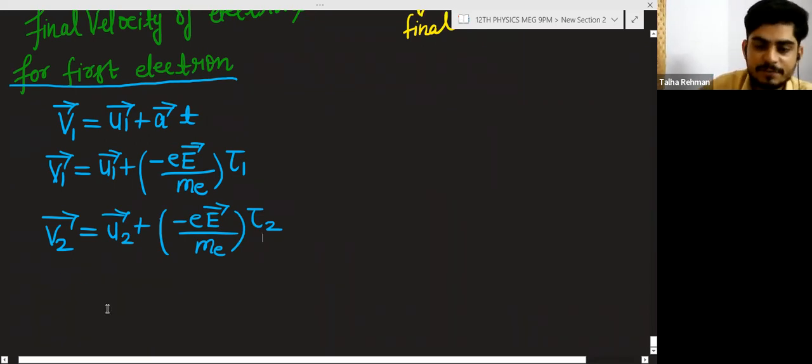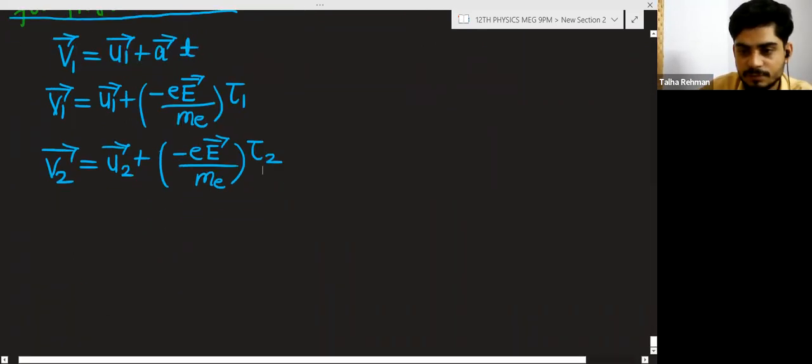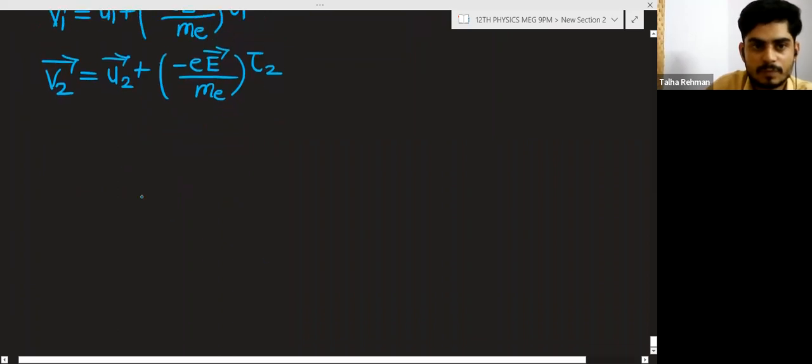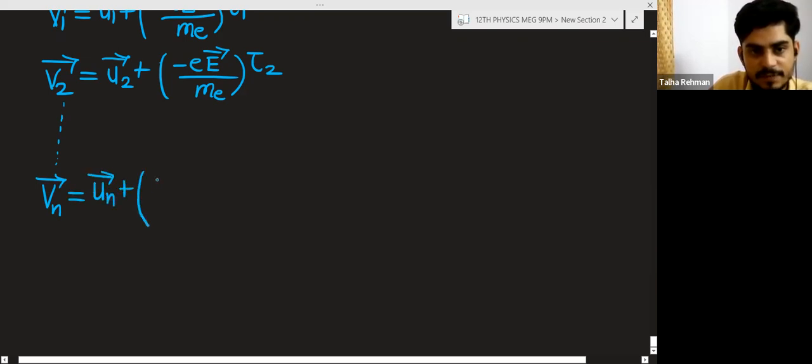Accordingly, you can write for the nth electron, as I have supposed there are n number of electrons: un plus the same acceleration, mass of electron into tau n.